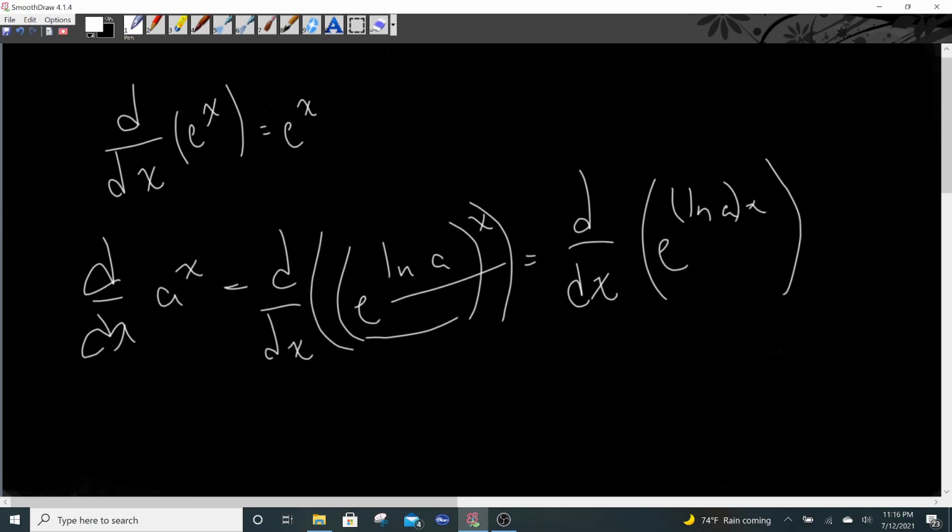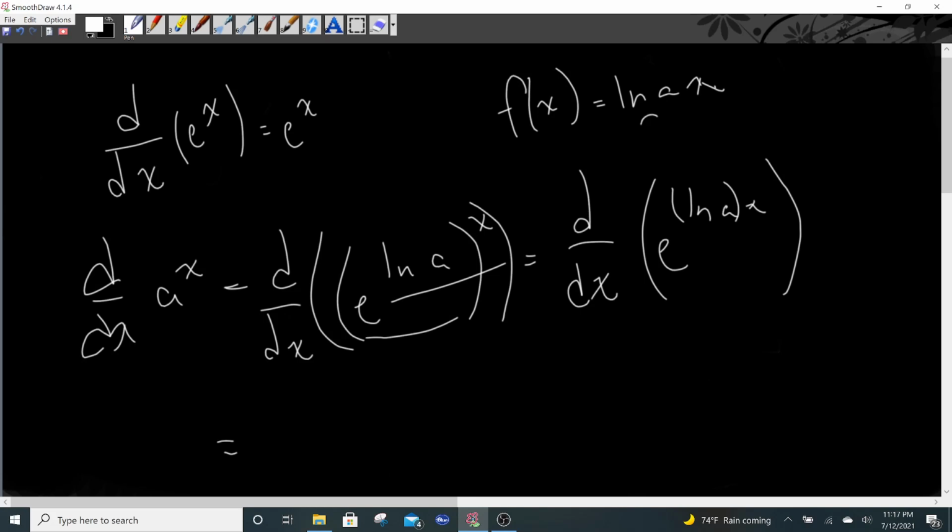So if f of x is ln a times x, because ln a in this context is a constant. It's just a number.